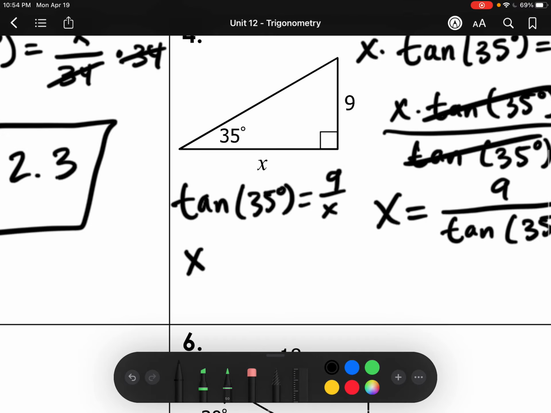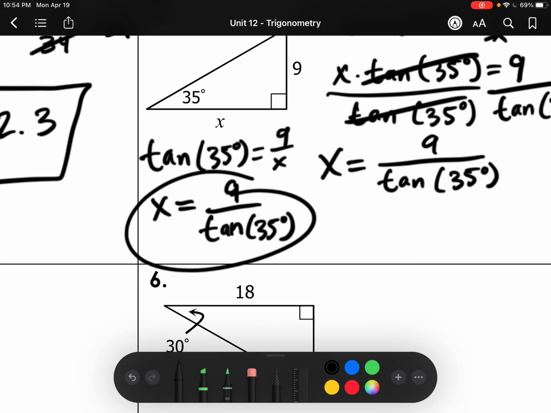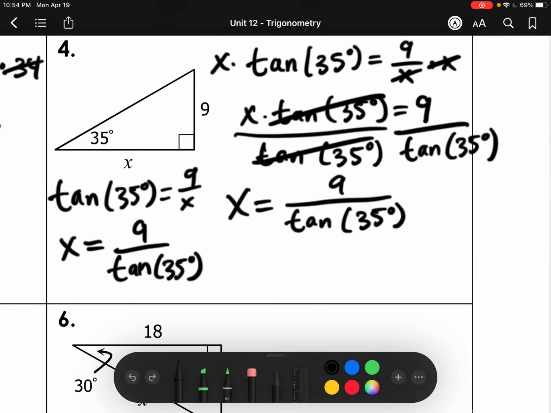So x goes over here, and tangent goes down here, which is x is equal to 9 over tangent of 35 degrees, which is what we have over here anyway, right? I'm just showing you that because that's going to be a shortcut for other examples that we're going to do so that we don't have to do all this math right here, so we can get our answer as quickly as possible.